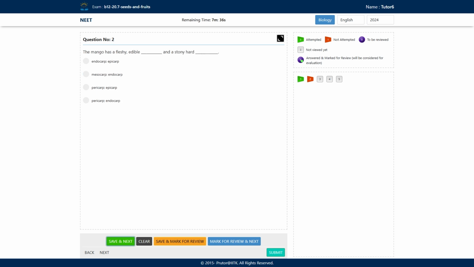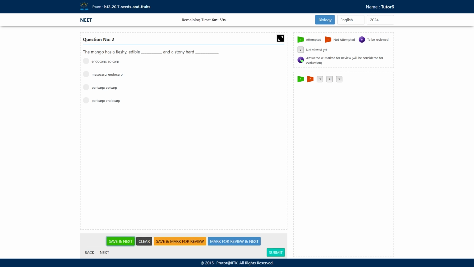Mango has a fleshy, edible dash and a stony hard dash. A, endocarp, epicarp; B, mesocarp, endocarp; C, pericarp, epicarp; and D, pericarp, endocarp. Okay, the fleshy part of the mango that you eat is the mesocarp.